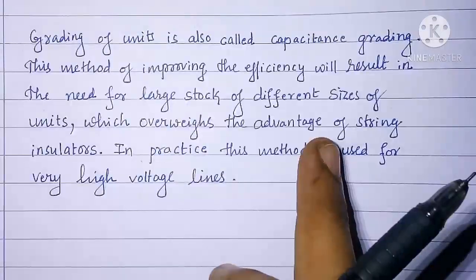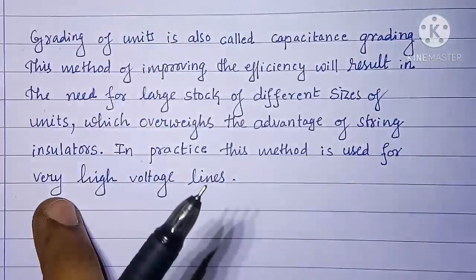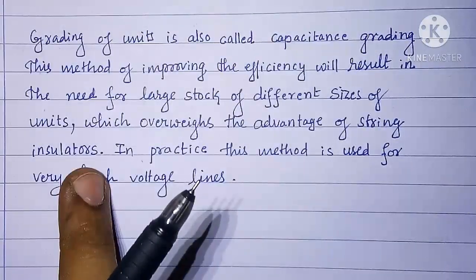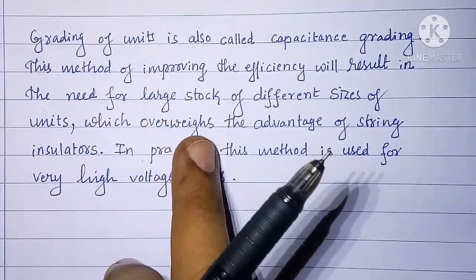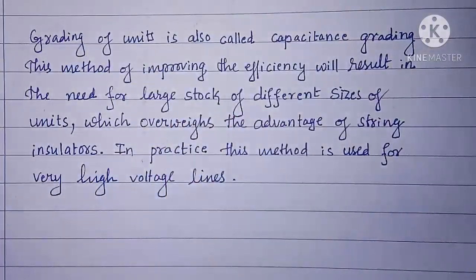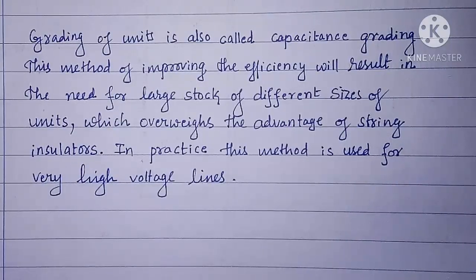Whatever the advantage we are getting by using string insulators, that advantage will be overweighed by the cost of the stock. More cost of the stock is always a disadvantage because we have to invest more money on the stock.